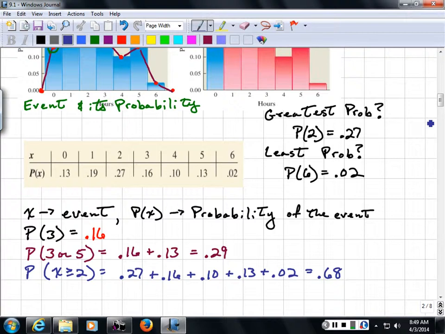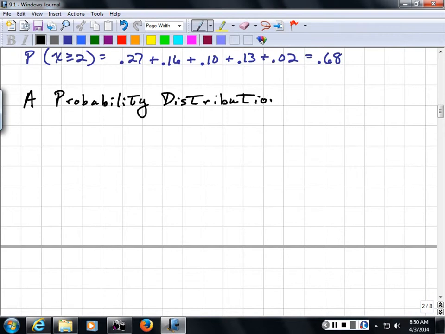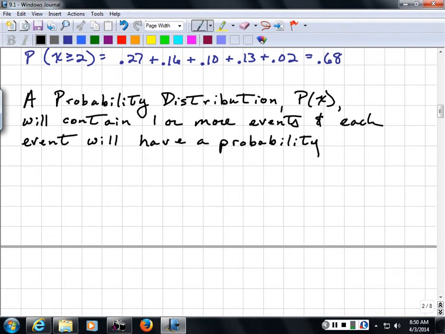All right, quick definition here. A probability distribution called P of x will contain one or more events, and each event will have a probability of 0 less than or equal to P of x less than or equal to 1.